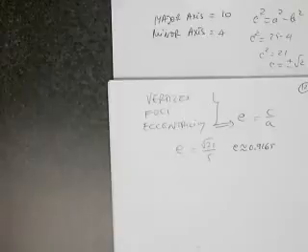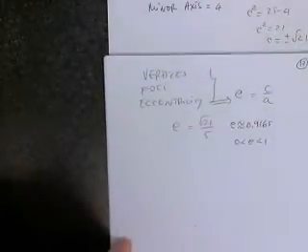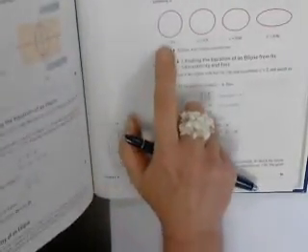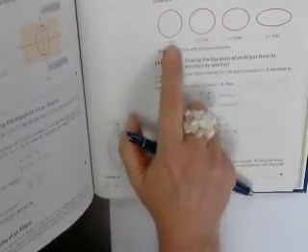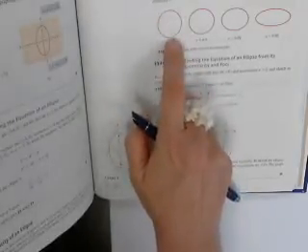The eccentricity of every ellipse must be between 0 and 1. I like these graphs very much too. If the eccentricity is close to 0, the ellipse is almost a circle.